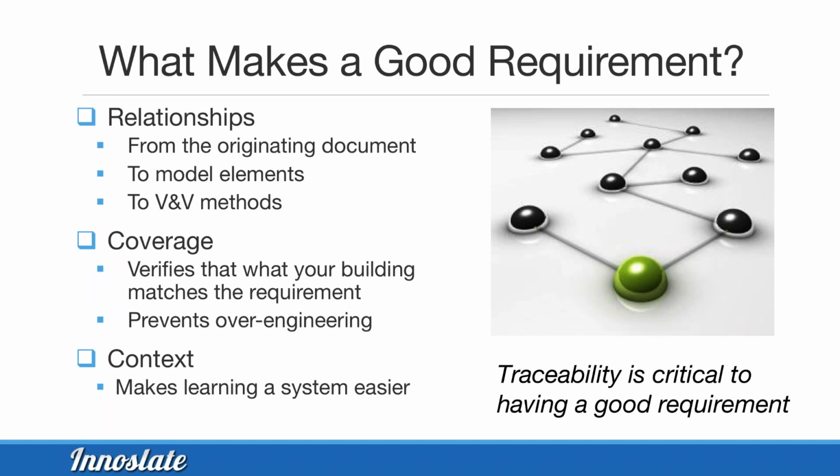And of course, context. So traceability is very critical to having a good requirement. So if I can't trace the requirement back to its sources and to its actual functionality and things that other parts use to create the specification level requirements, then I've failed in my job.